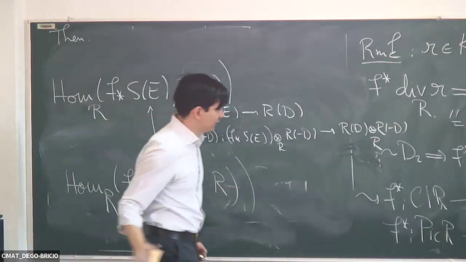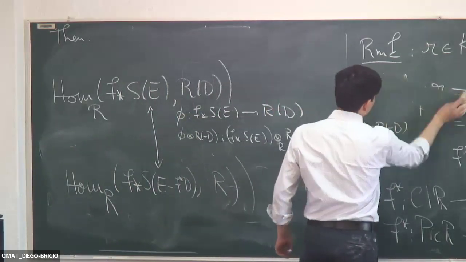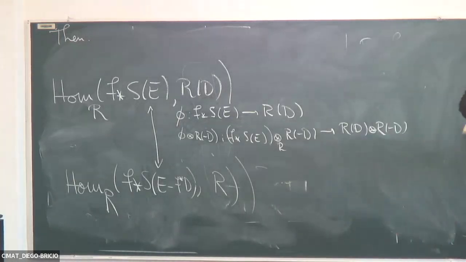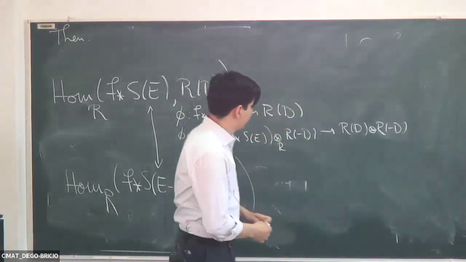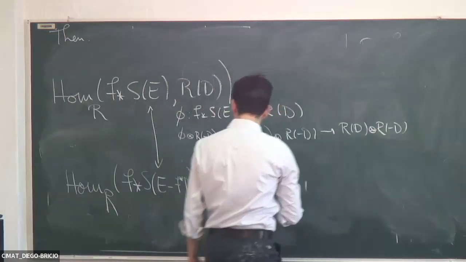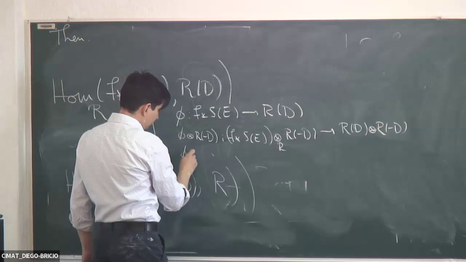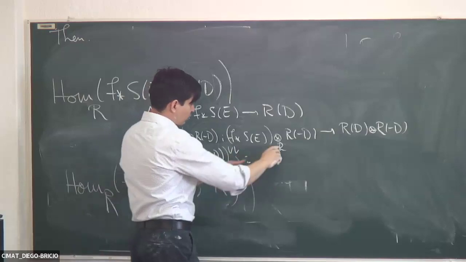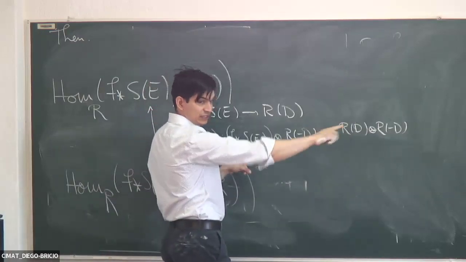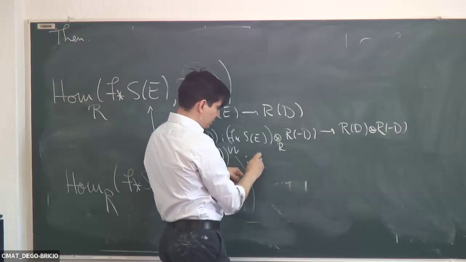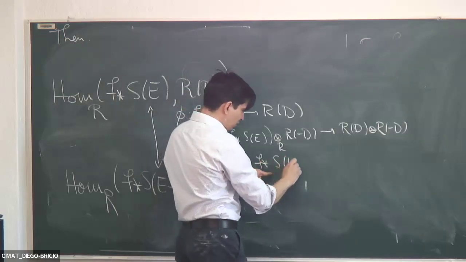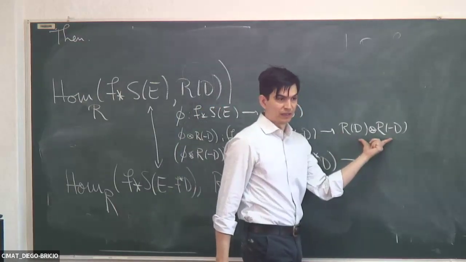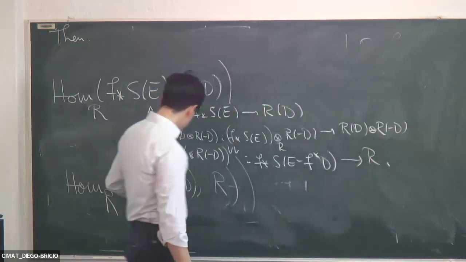But what happens if I reflexify? What happens if we apply the reflexification functor? So in particular, phi tensor R negative D reflexified becomes what? By the previous exercise, it's going to be F push forward S of E minus the pullback of D. And what does it become after we reflexify? R, exactly. And that's the map you get here.